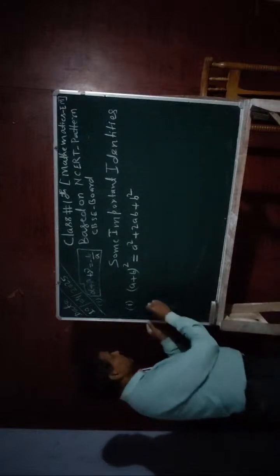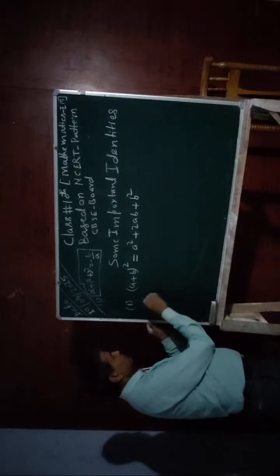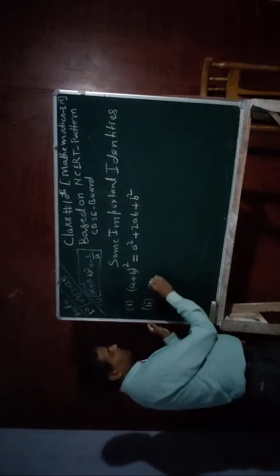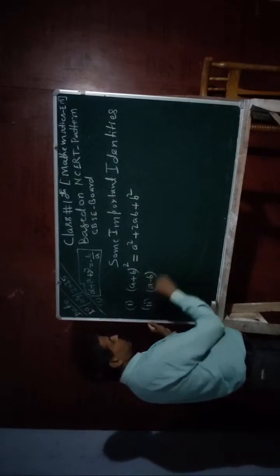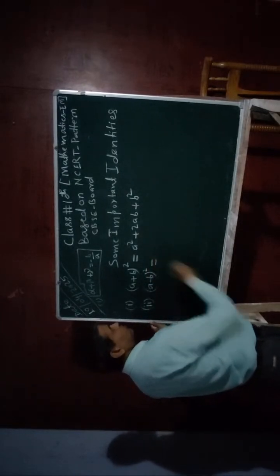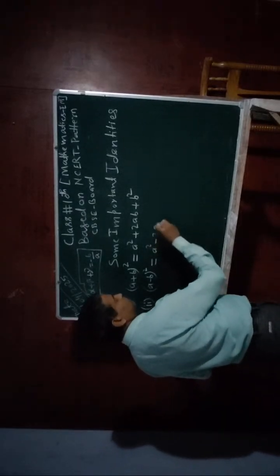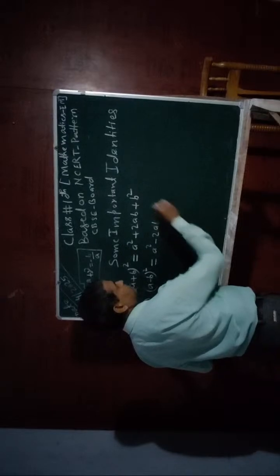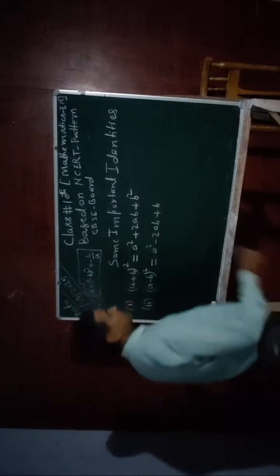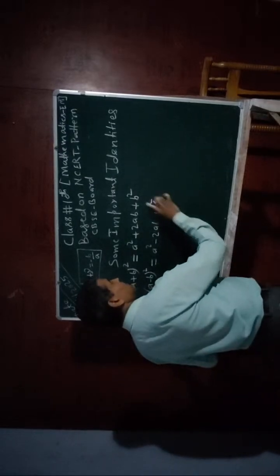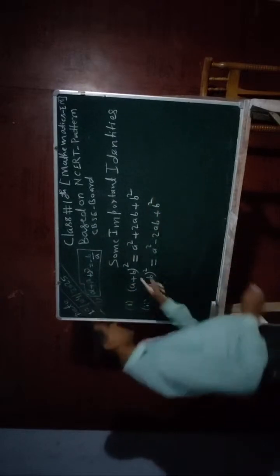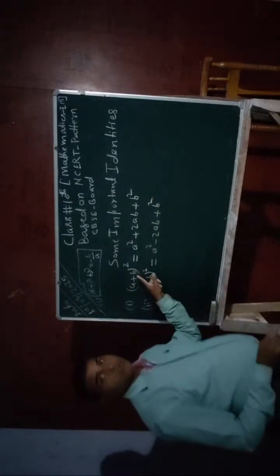Okay student, now the second identity I am going to explain. A minus b whole square is equal to a square minus 2ab plus b square. It means that in the Taylor formula, I will put minus b in the place of b.